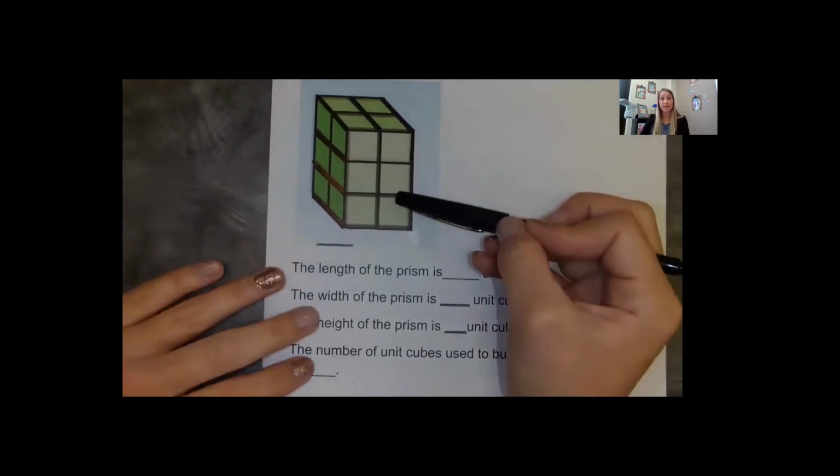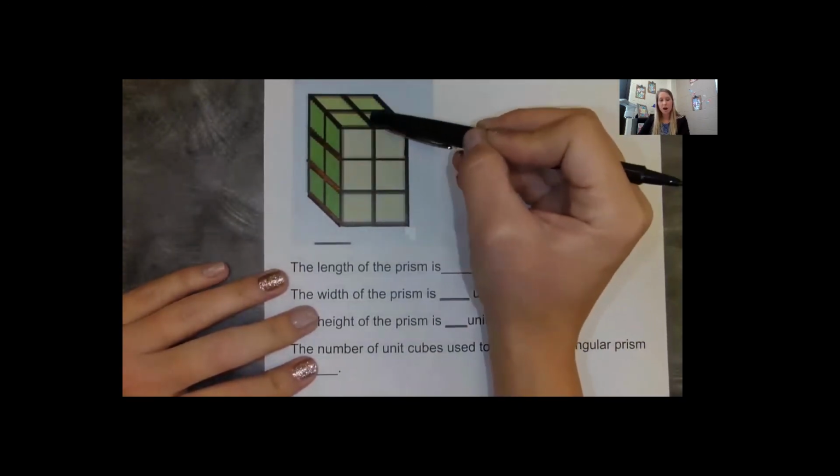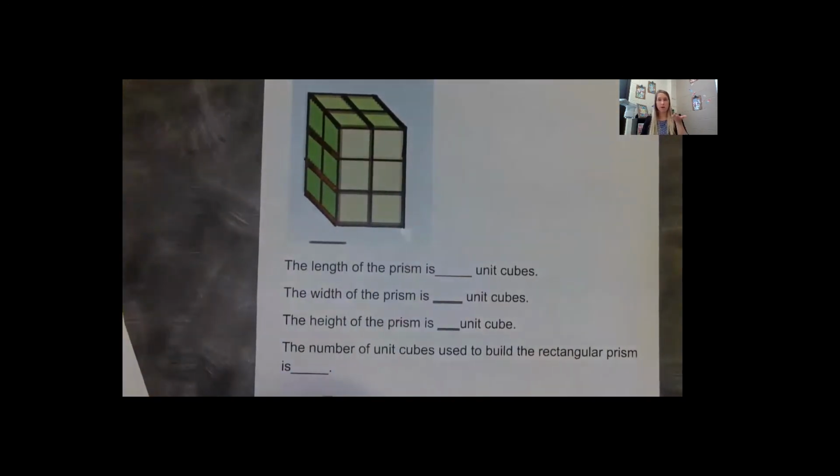We can see the front, we can see one of the sides, and we can see the top. But the cubes that are here have to be supported by the cubes that are under it or behind it that are hidden, so we know they're there. So when determining the number of unit cubes that make up the figure, we can't forget to count the cubes we can't see. And remember, we're counting the cubes, not the faces.